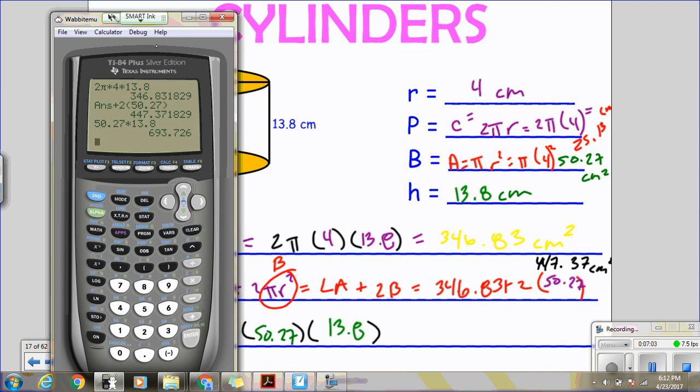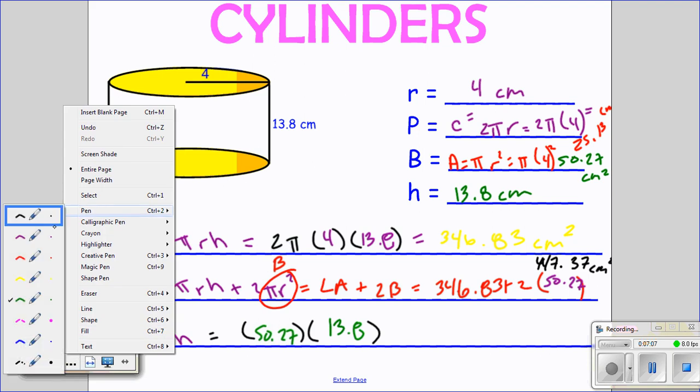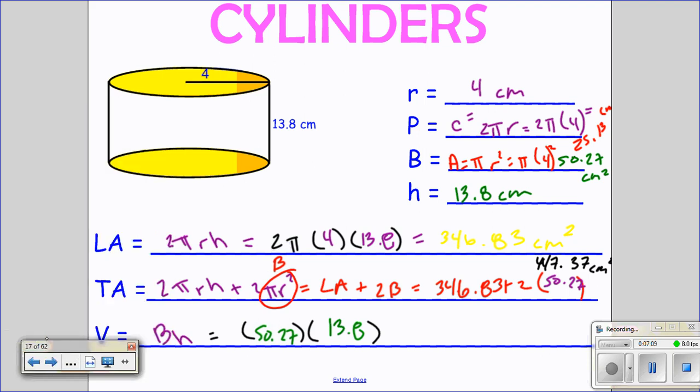And that gives 693.73 centimeters cubed.